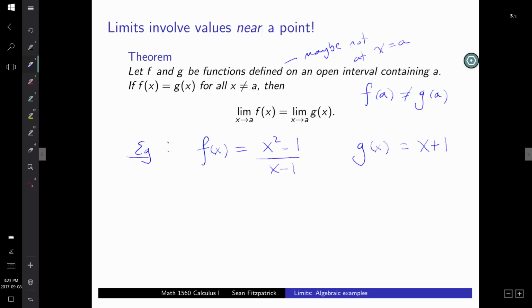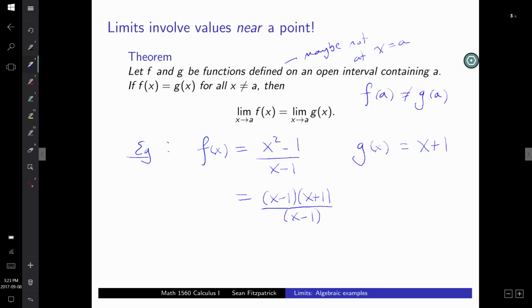Now, these two functions are almost, but not quite the same. For the first one, I can factor the numerator. It's a difference of squares, x minus 1 times x plus 1. And on the bottom I've got x minus 1. So I can factor things out like that, and then I could look to cancel terms. I've got a common factor top and bottom.